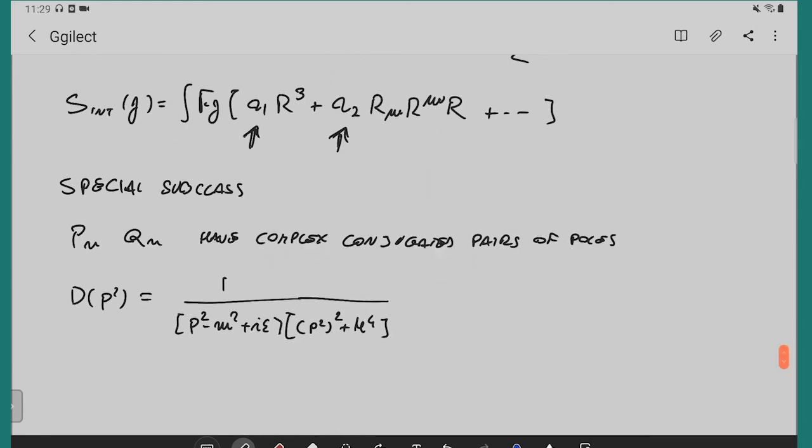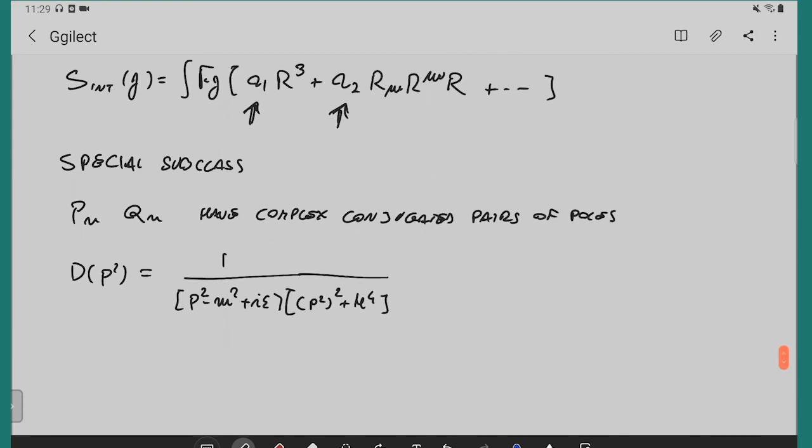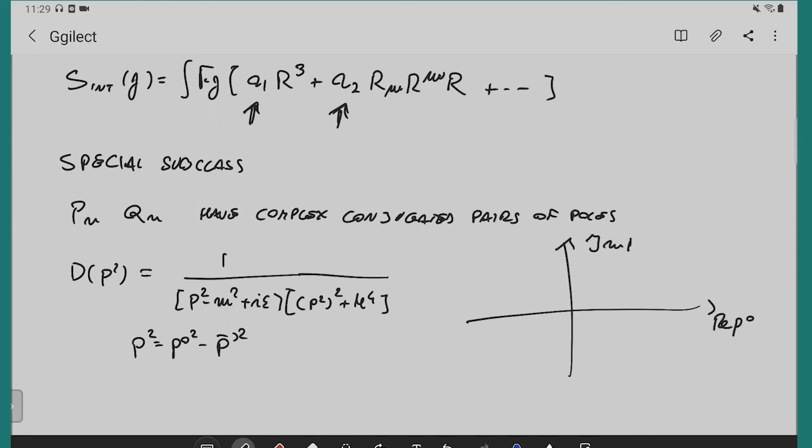So if you look at the poles in the P0 plane, where P squared is P0 squared minus p squared, in the complex plane of P0, you will have two poles which are shifted with the Feynman prescription, which are the two usual massive poles slightly shifted from the real axis by the prescription. And then you have additional poles which come in complex conjugated pairs.